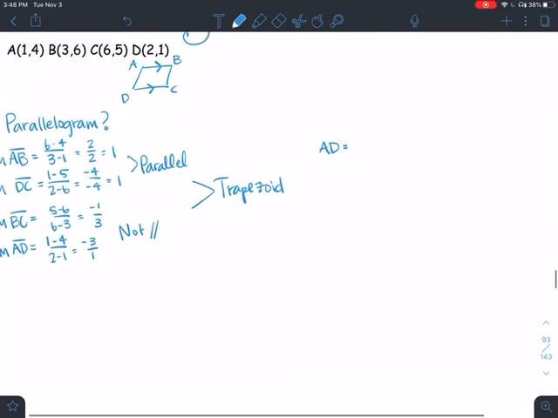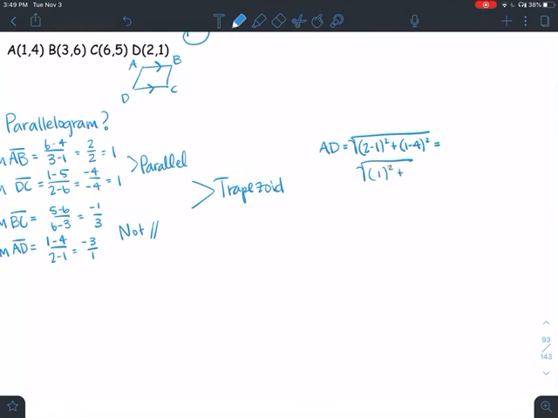Starting with AD, remember that for distance we subtract our x's: 2 minus 1 squared plus 1 minus 4 squared. 2 minus 1 squared gives us 1 squared, plus negative 3 squared. 1 plus 9 gives us the square root of 10.